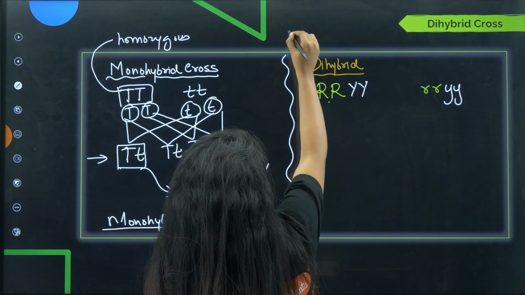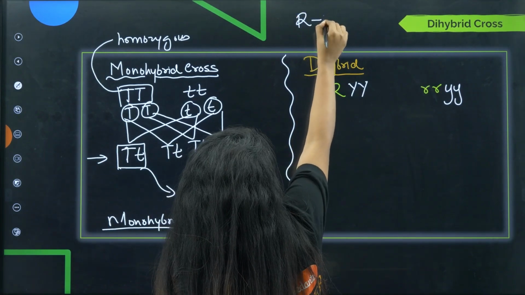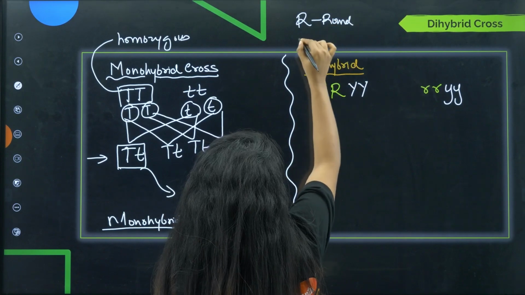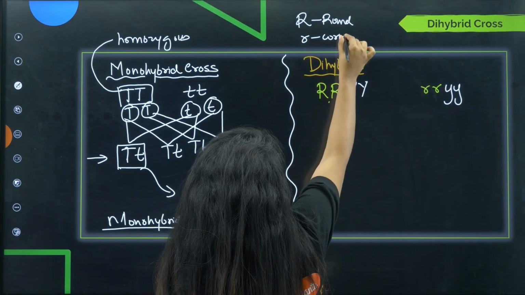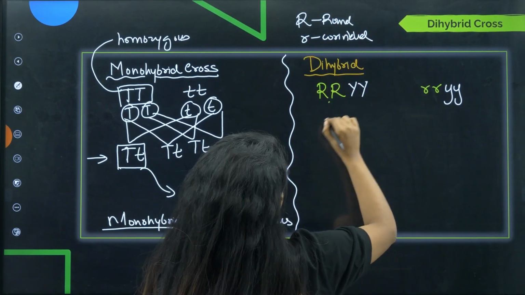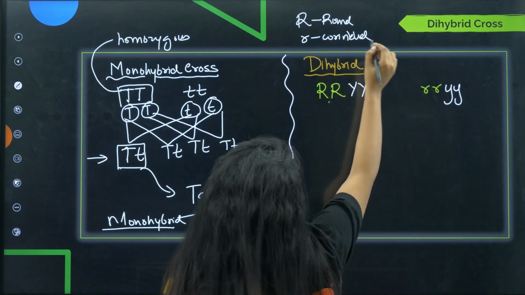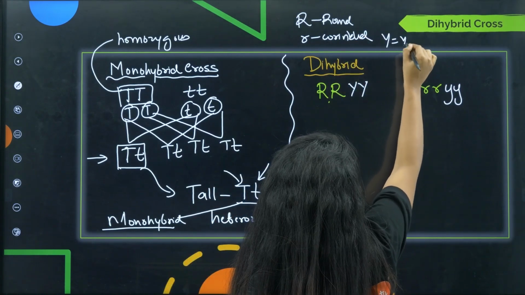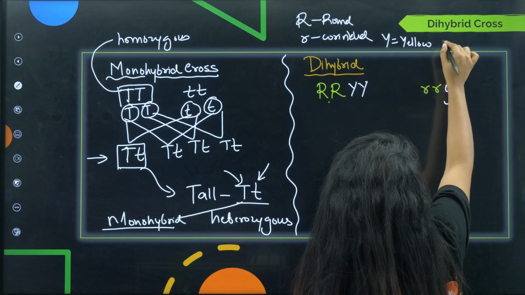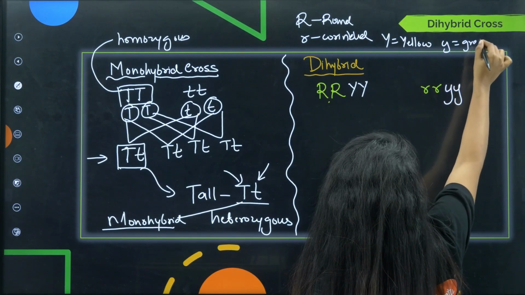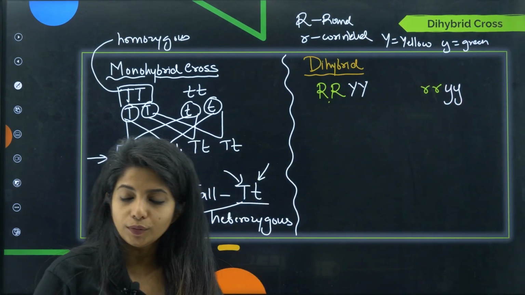So I'm writing the codes also. Capital R is for round, small r is for wrinkled, okay. Now capital Y is for yellow and small y is for green. Cool.